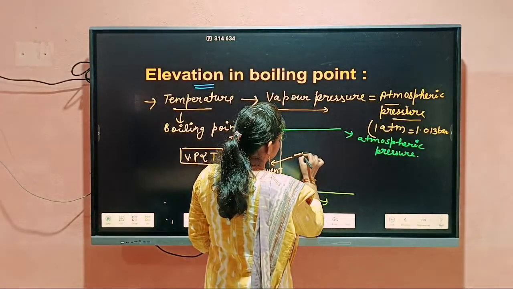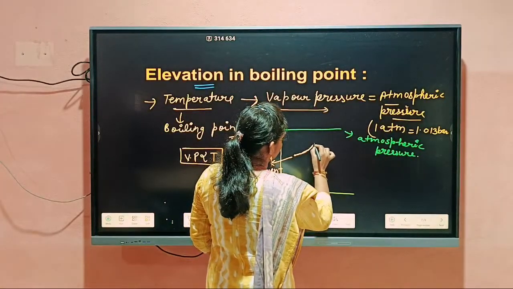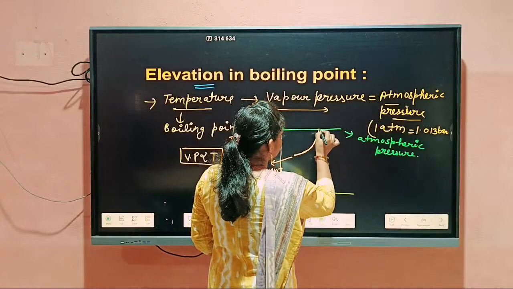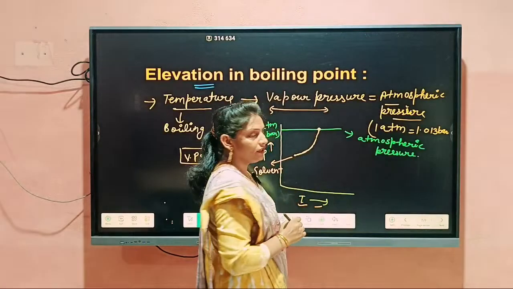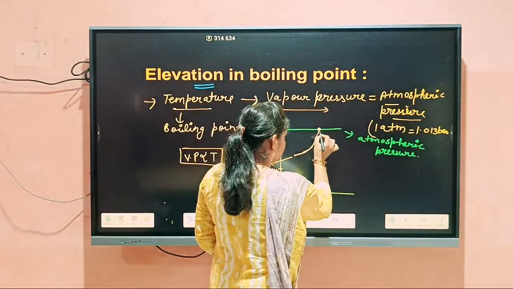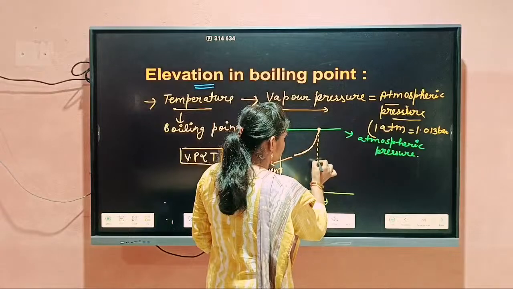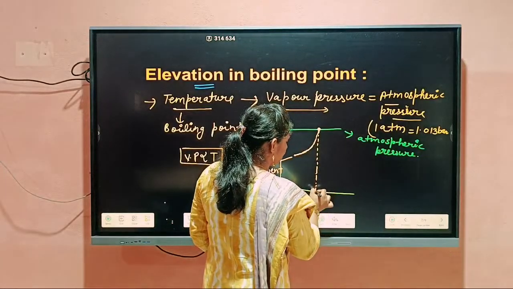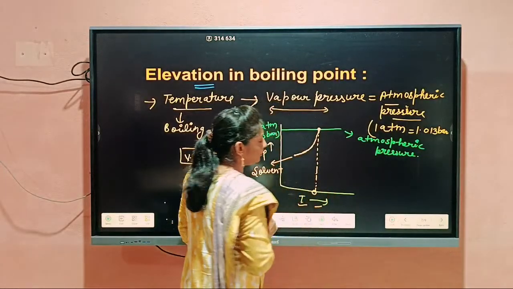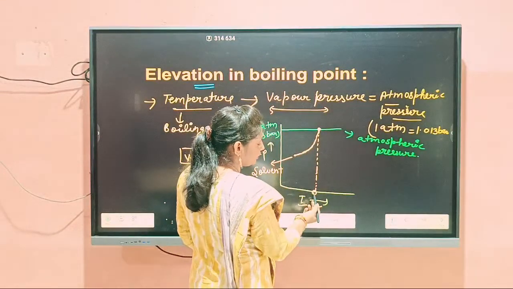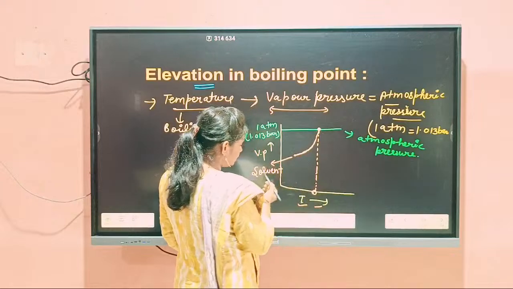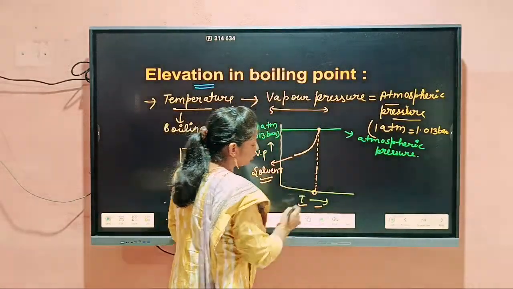So let us consider at this point, the pressure becomes equal to the atmospheric pressure. This is the temperature where it becomes equal to the atmospheric pressure, so it is known as the boiling point of the pure solvent.